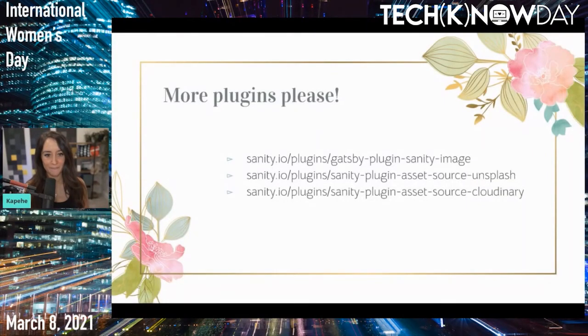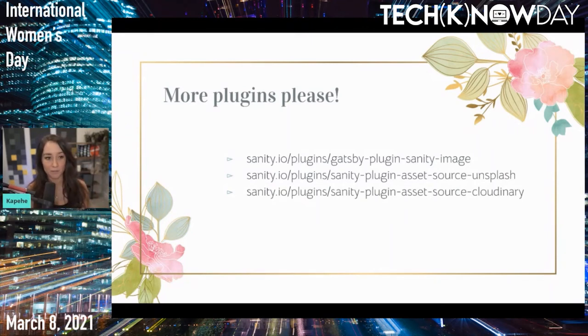So if we have our plugins that we want to add, there are community created plugins. There are Sanity created plugins. But if you go to sanity.io/plugins, you'll find many plugins that you can add to your studio. But image and asset specific ones, here are 3 really awesome ones.